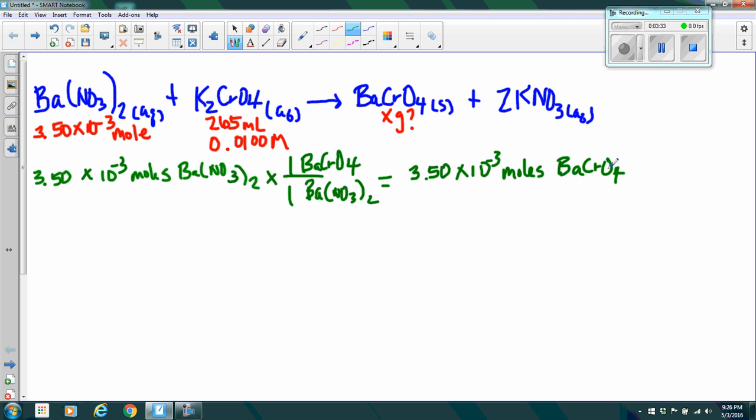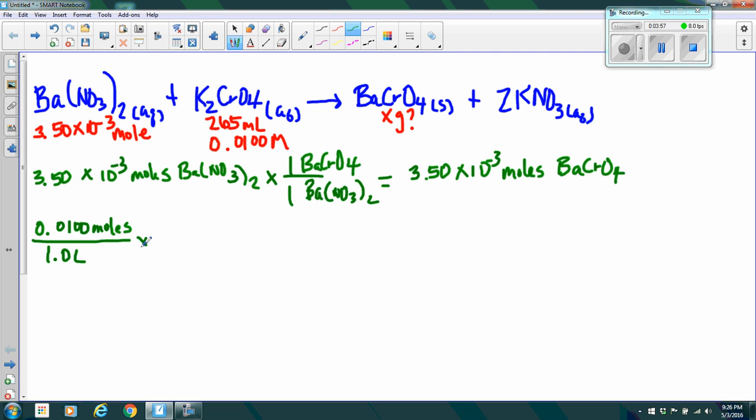Okay, so now I'm going to do the other one. I'm going to compare it to this, and whichever one has the least number of moles is going to be my limiting reactant. So I know that molarity, which I understand again is 0.0100 moles in 1 liter of solution, and that's what this means.